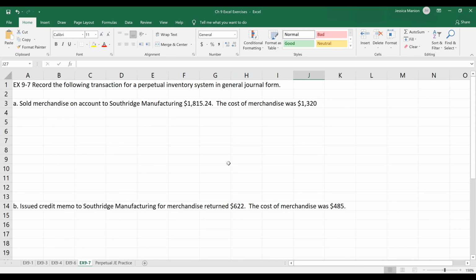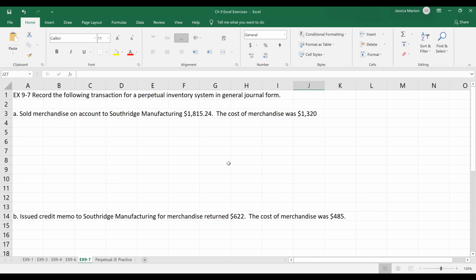The cost of the merchandise was $1,320. Okay, so sold merchandise on account. So remember, there's two journal entries. We need to do one to record the sale and then one to record cost of goods sold.